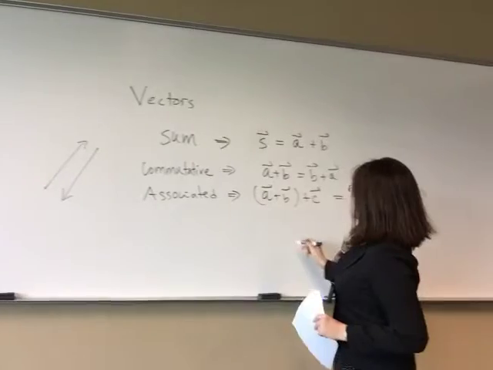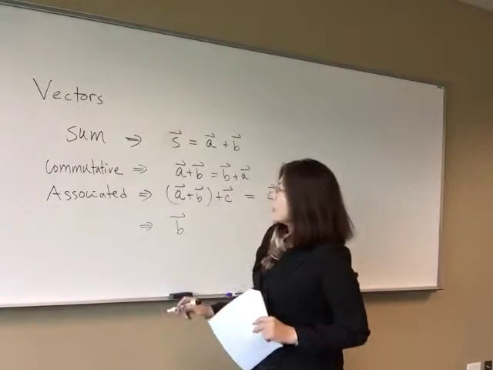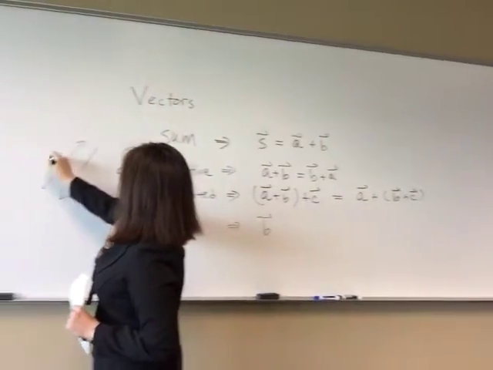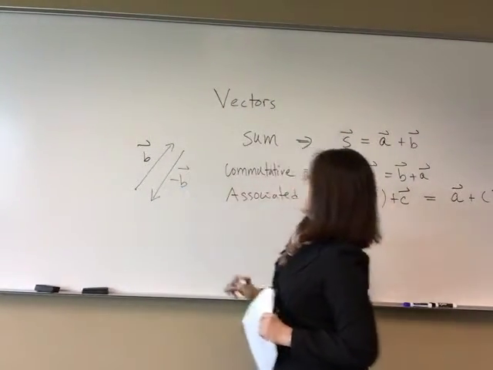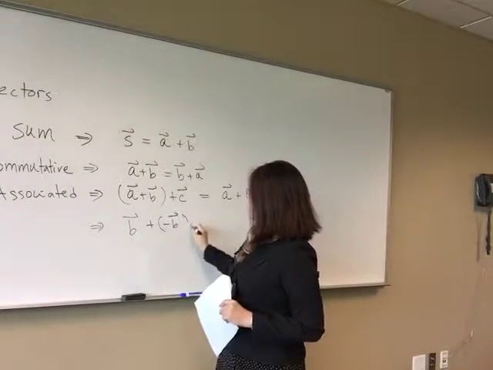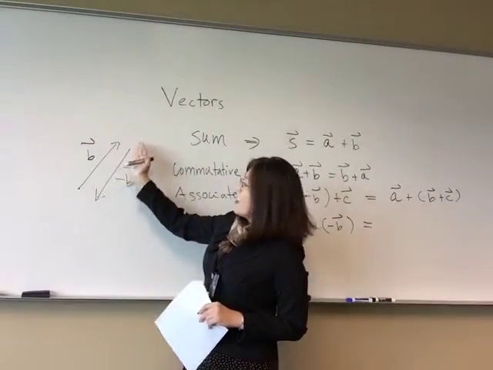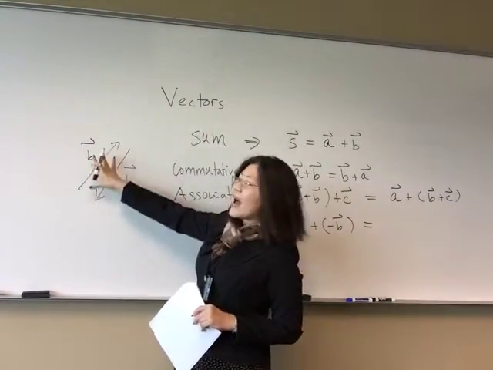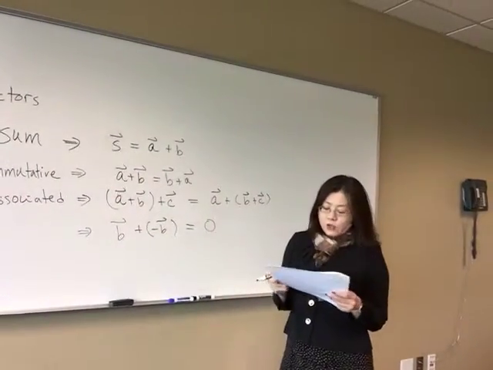So in that case, let's say this is your vector B, and when you reverse its direction, this becomes negative vector B. So when you add them together, as you can see, one is pointing in that direction, the other one is pointing in the opposite direction. So when you add them together, that basically gives you a 0. So they cancel out each other.